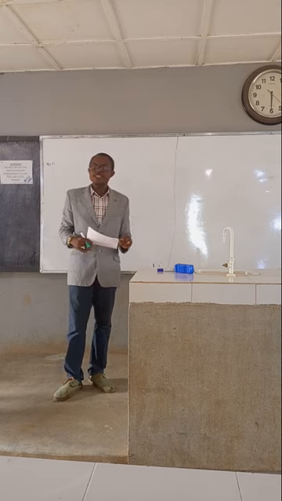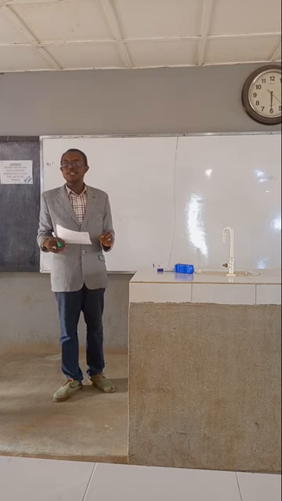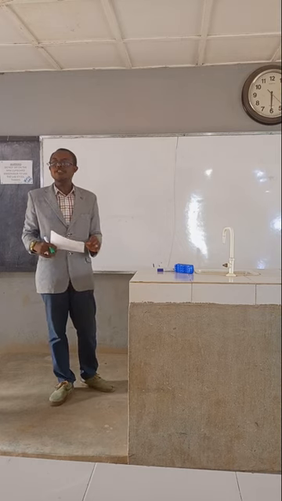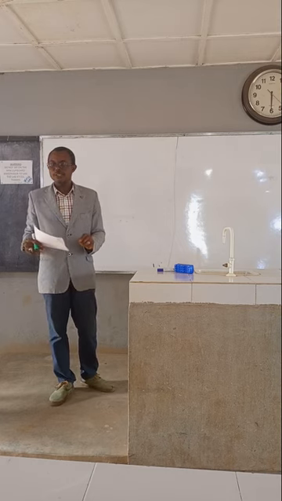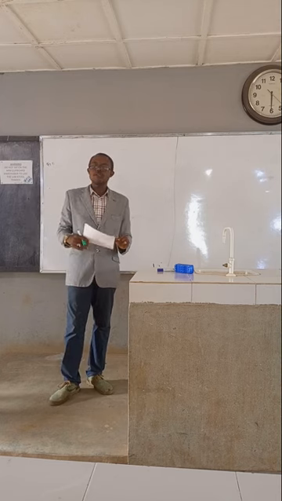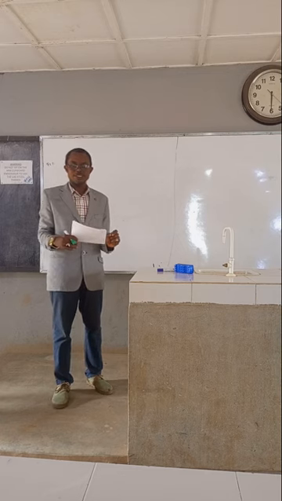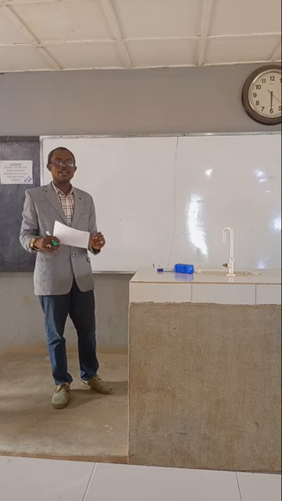If in another instance we cover 40 meters in 10 seconds, 40 divided by 10 will still give us 4 meters per second. That is what we mean by uniform. No matter how small the interval is, they will have a similar value.